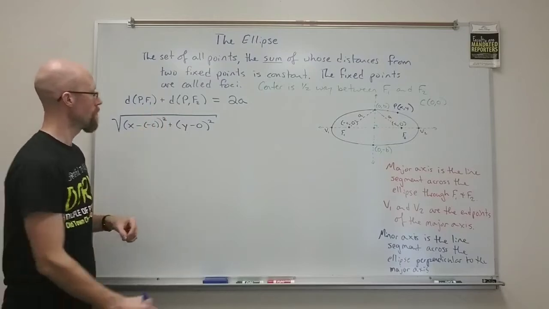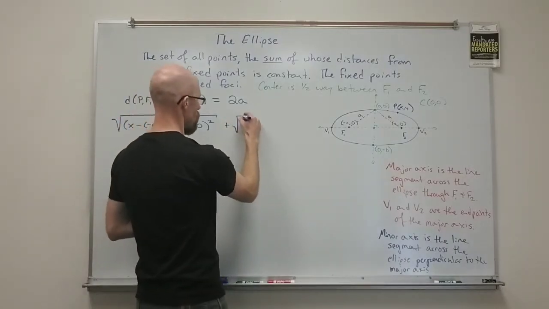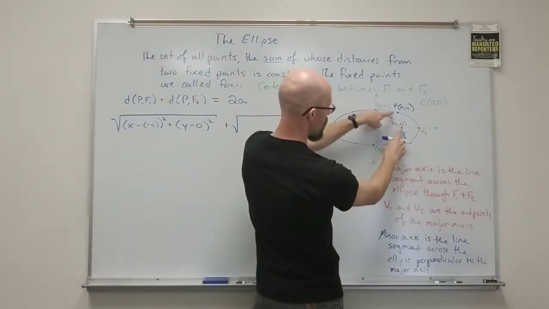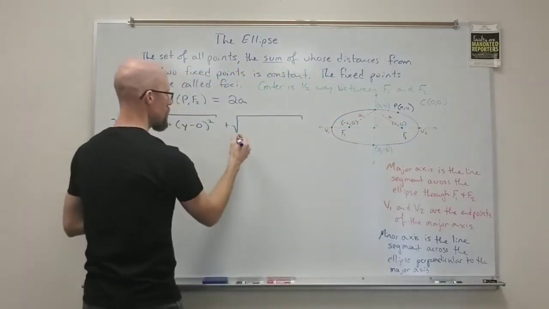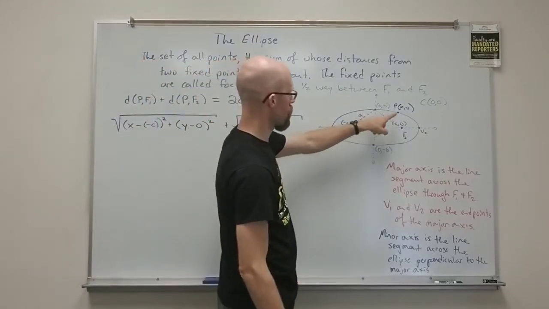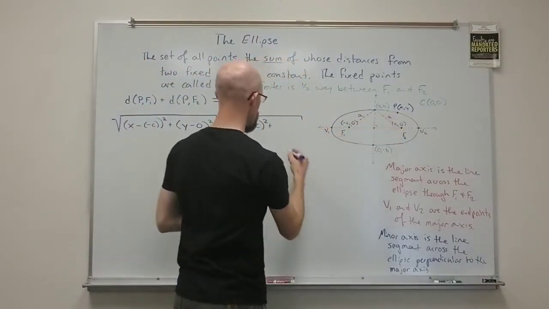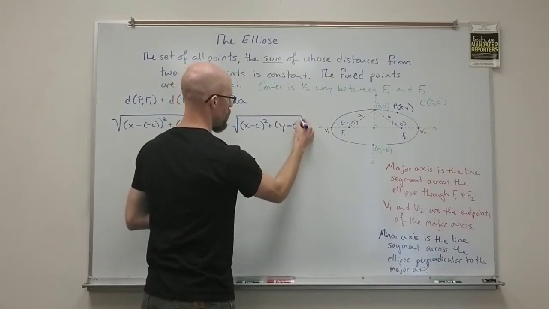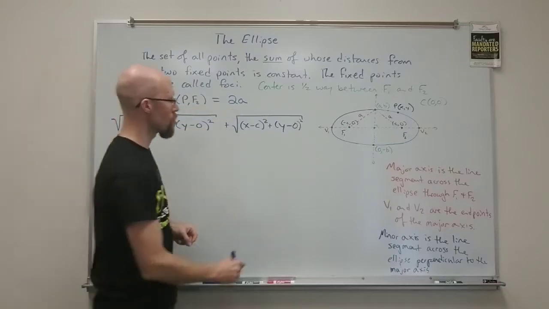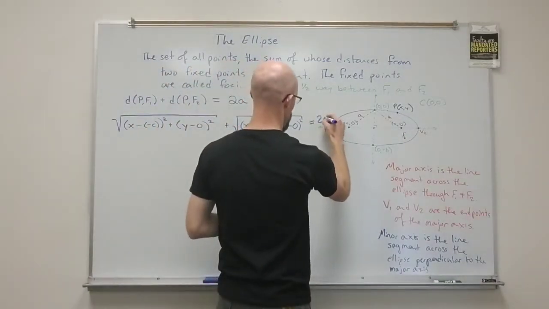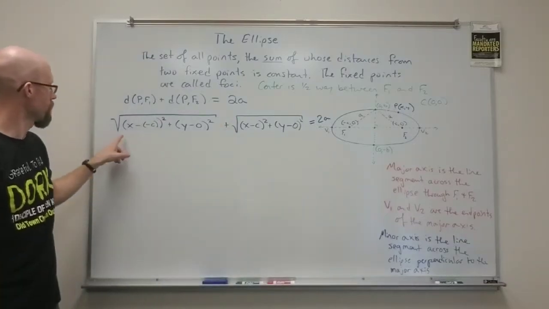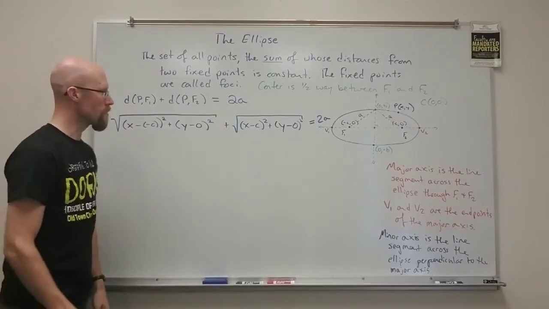The second one is going to be the square root of, again, the change in the x coordinates, that's x minus c this time, squared, plus the change in the y coordinates, that's y minus 0 again, squared. And of course, that sum is equal to 2a. Then I'm going to simplify each of these roots.